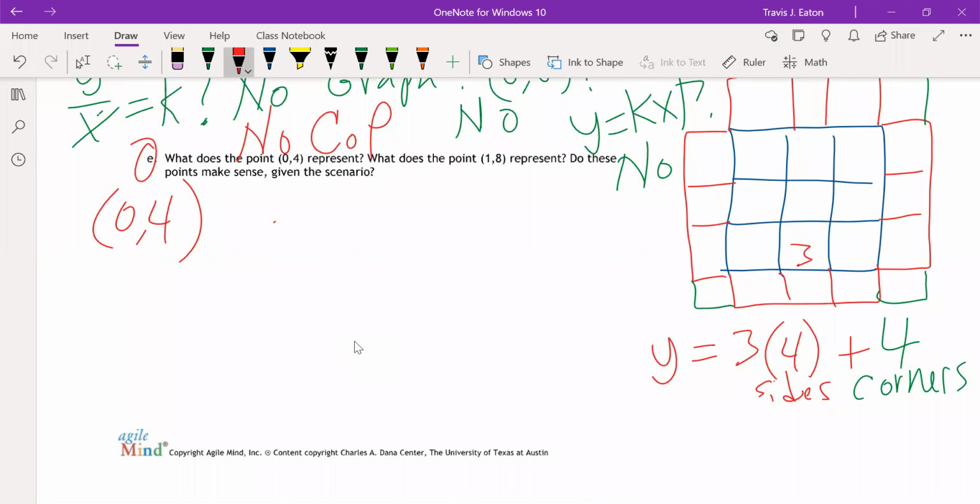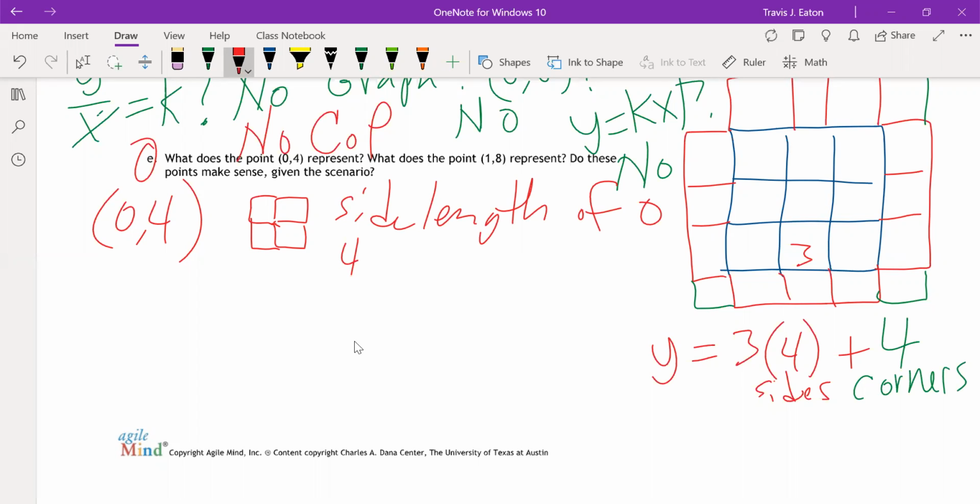But in order to surround that single dot, you would have to have 4 tiles around that single dot, which has no length to it. So 0, 4 means a side length of 0 and 4 tiles around it.